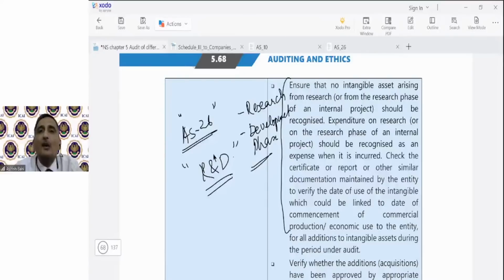So you have to understand that research expenditure, the expenditure in the internal project of a company, which is spent purely on the research activities, is recognized as an expense in the period in which it is incurred, and no intangible asset is recognized.